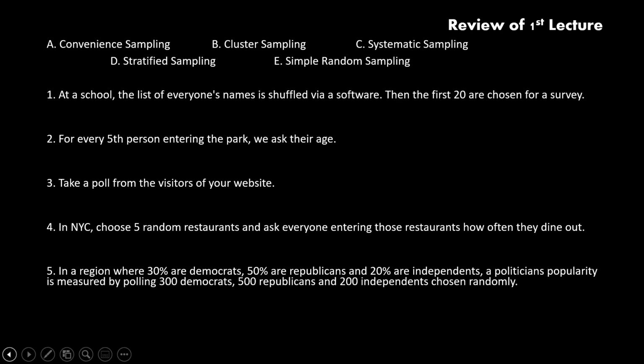All right. And number 5, in a region where 30% are Democrats, 50% are Republicans, and 20% are independents, a politician's popularity is measured by polling 300 Democrats, 500 Republicans, and 200 independents chosen randomly. What type of sampling is this? Stratified. Okay.